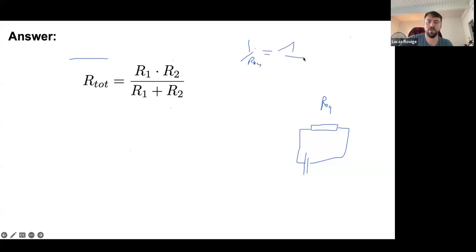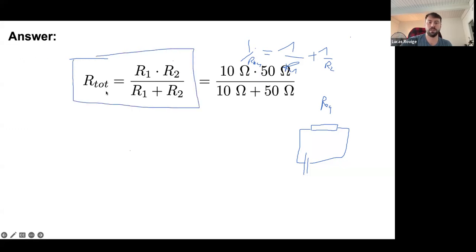So we have 1 over R1 plus 1 over R2. If you put those at the same denominator, you get 1 over R equivalent is (R1 plus R2) over R1 R2. And if you take the inverse to get the actual resistance, you get this value for the equivalent resistance.